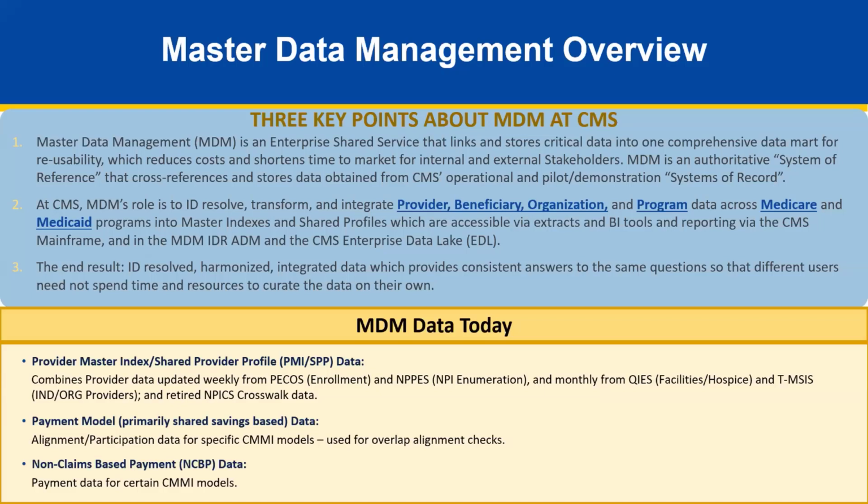So first, we're going to walk through quickly here an overview of master data management and what we do for the agency. Primarily, master data management is an enterprise shared service. And what we do is we provide identity resolution and link critical data from each of the different domains from multiple data sources across the agency.